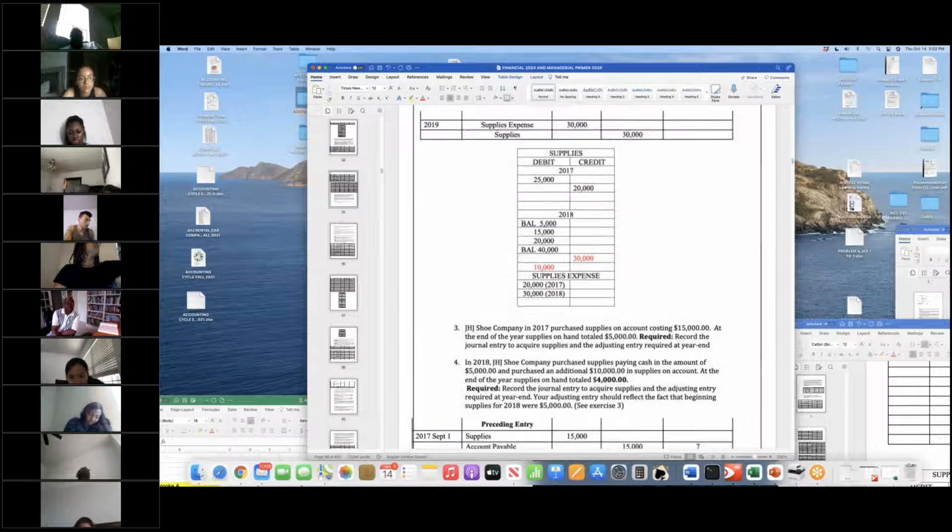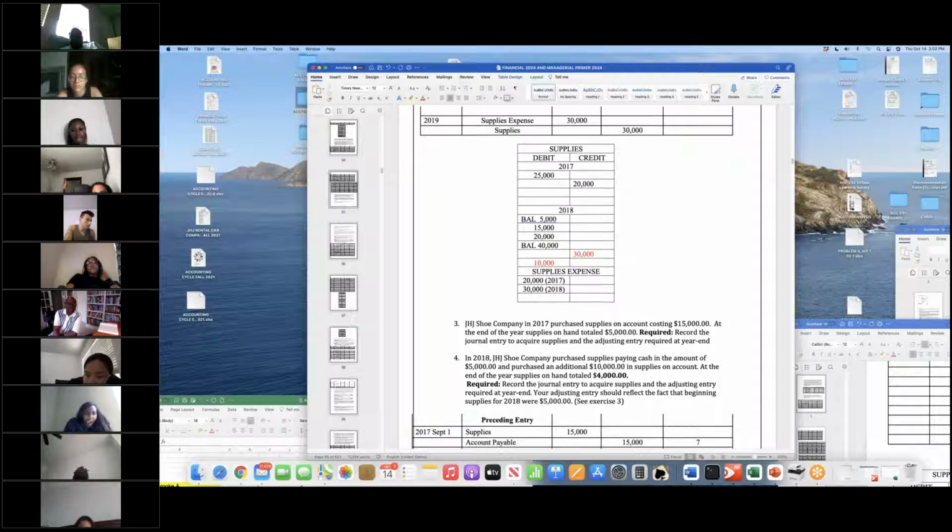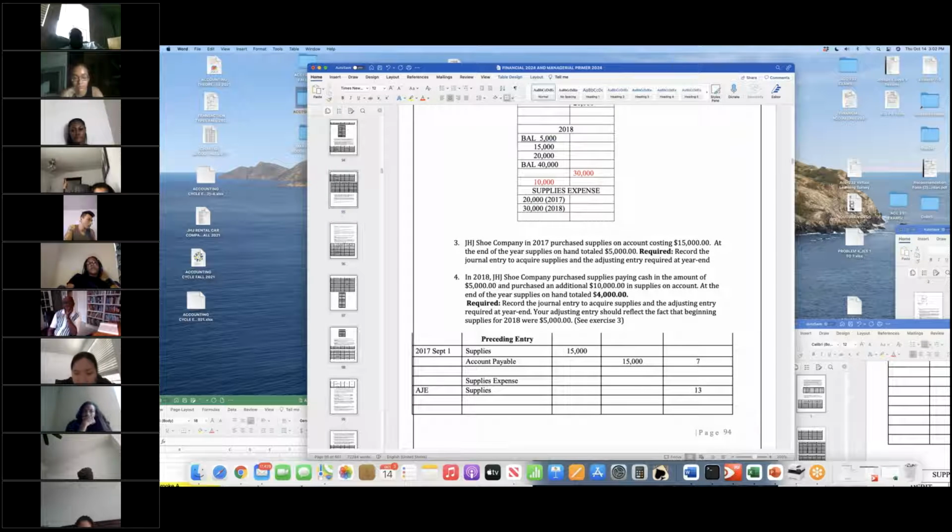Then it says record the journal entry required if at the end of the year we got 5,000. Record the journal entry to acquire the supplies, and then the adjusting entry required if 5,000 is in the account at the end. So what's our adjusting entry going to be?